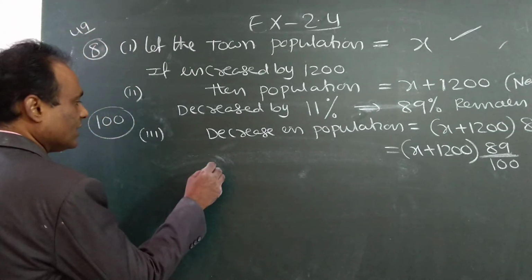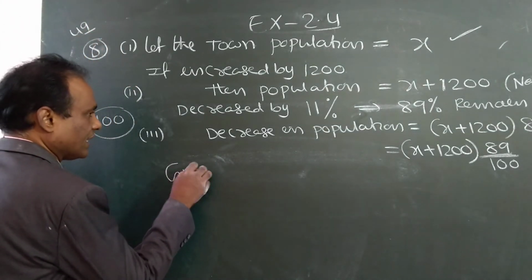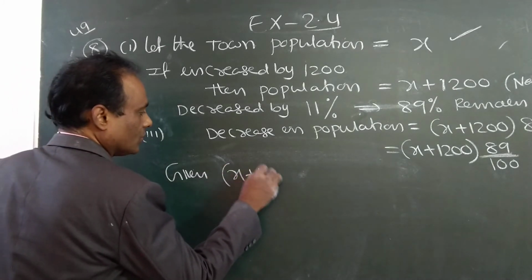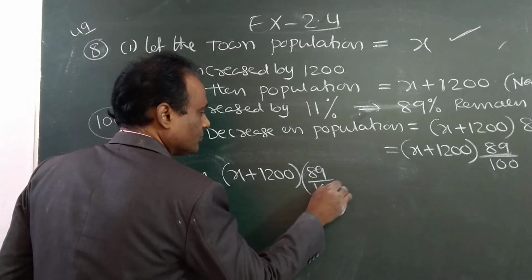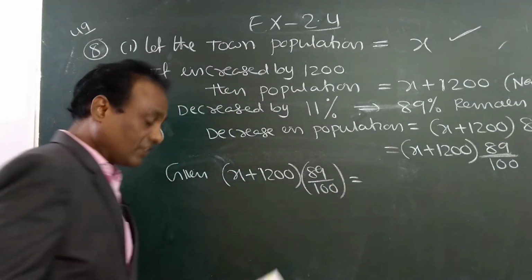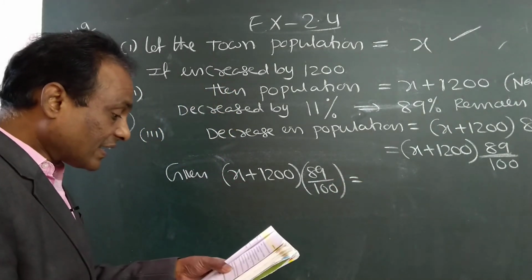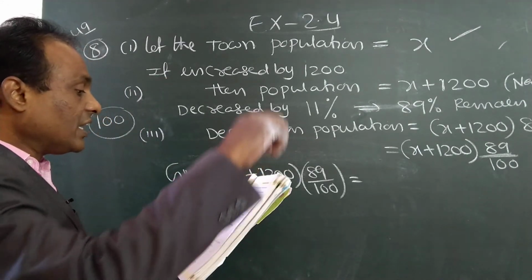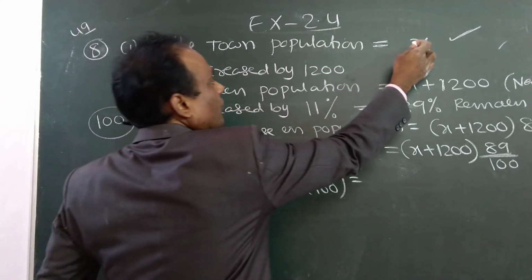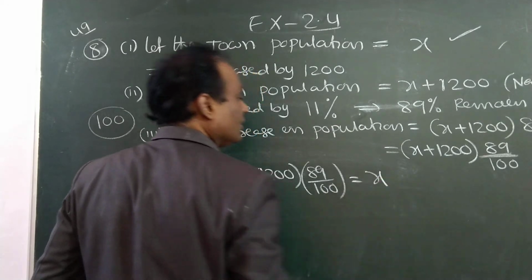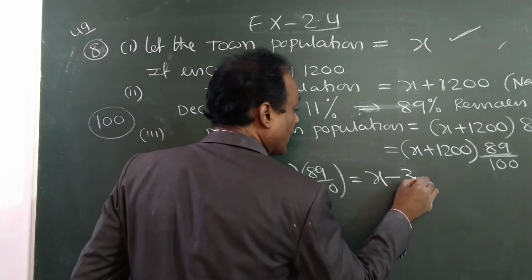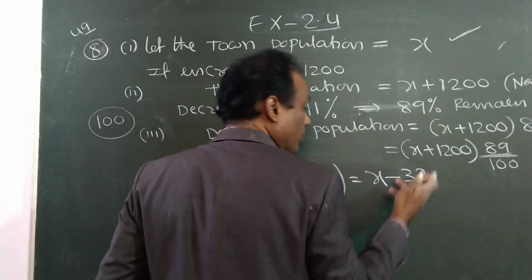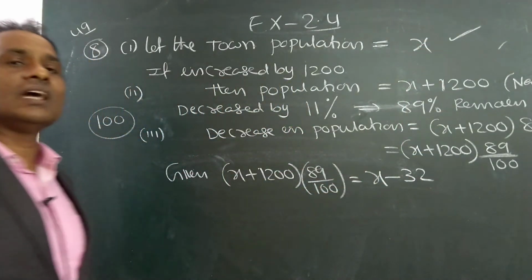So what is the given relation? Now the final step. This is the present population. Present population is equal to 32 less than it did before. First time it was X, so 32 less than this. That means if we subtract 32 from the first population, we will get it. That is the question.